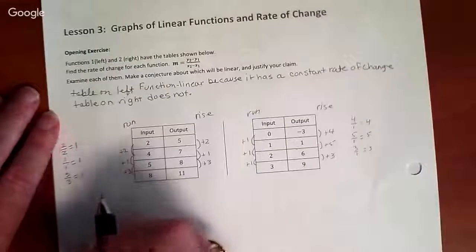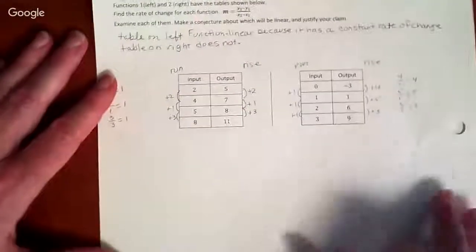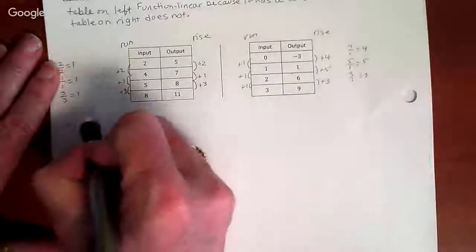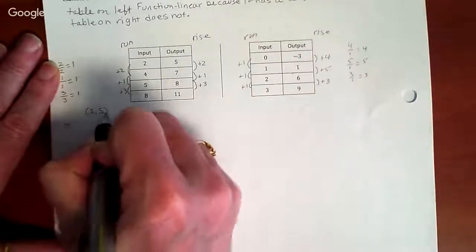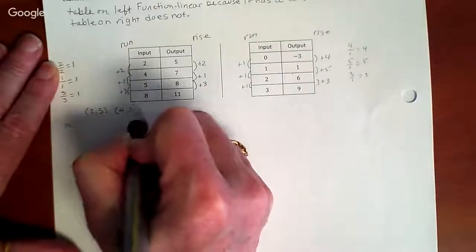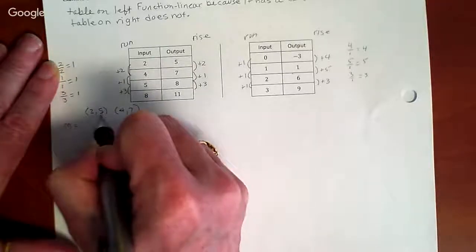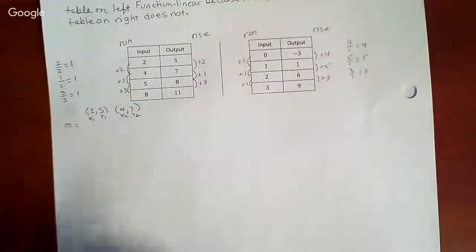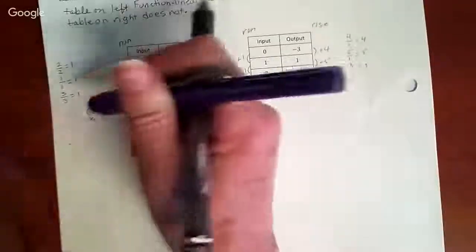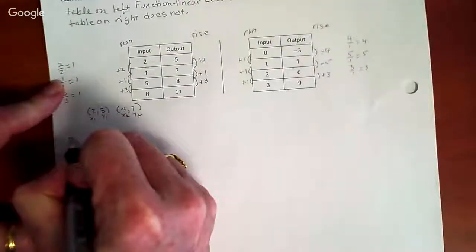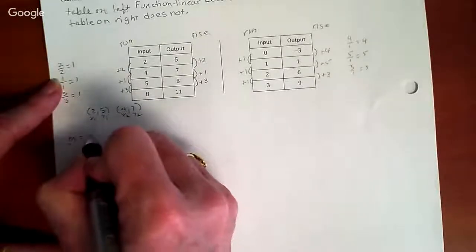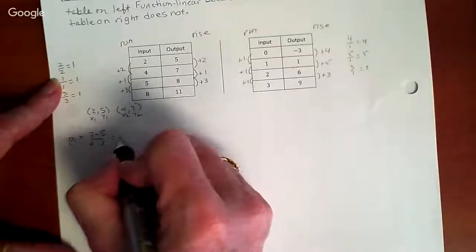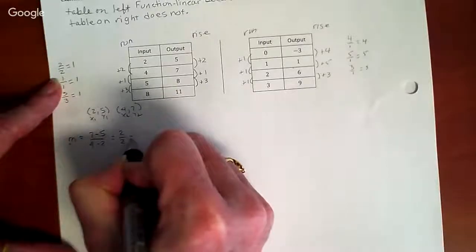My slope is y2 minus y1 over x2 minus x1. With the points 2, 5 and 4, 7, I have 7 minus 5 over 4 minus 2. I have 2 over 2, which equals 1.